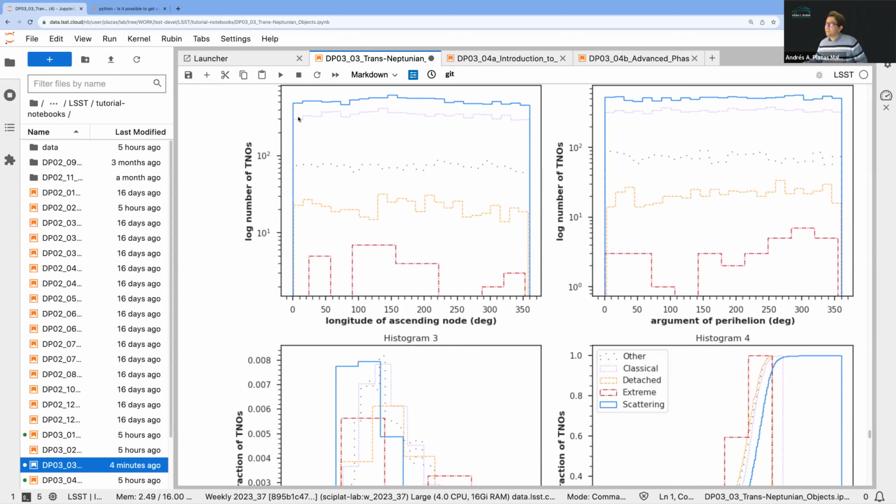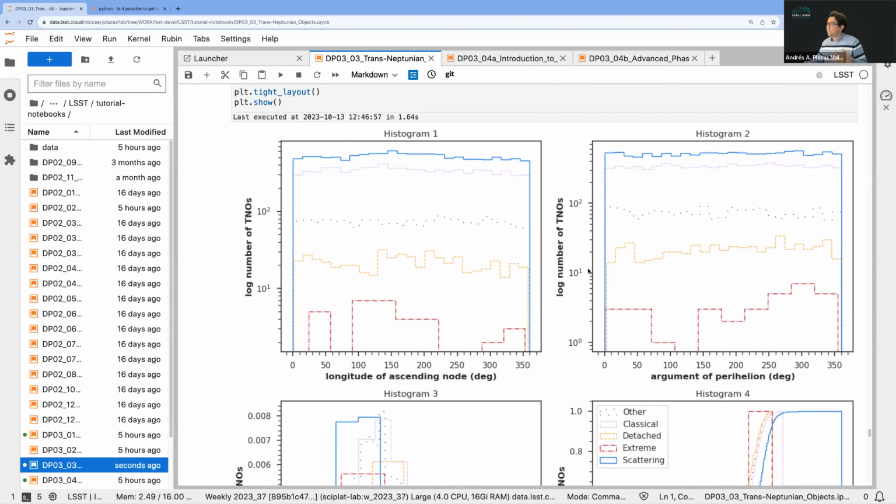You can see, for example, the classical one has a little bit more uniform distribution of these two parameters. One of the interesting things is you can see some clustering, or you don't have a uniform distribution, for the extreme class. Again, take it with a grain of salt, but it's just an example of the kind of things that we would like to find.